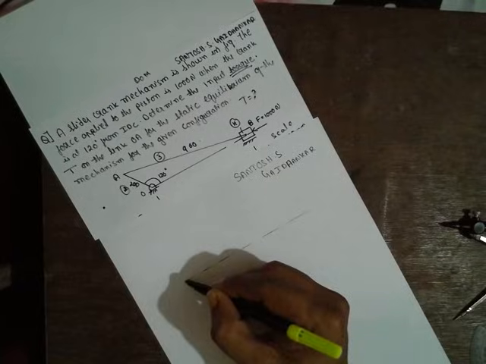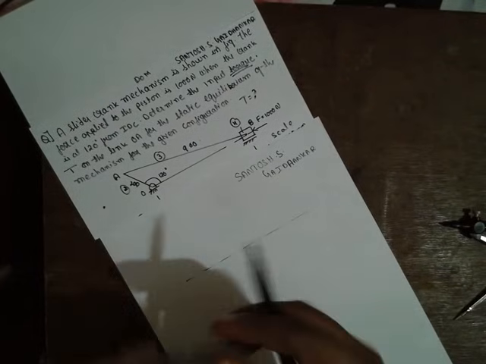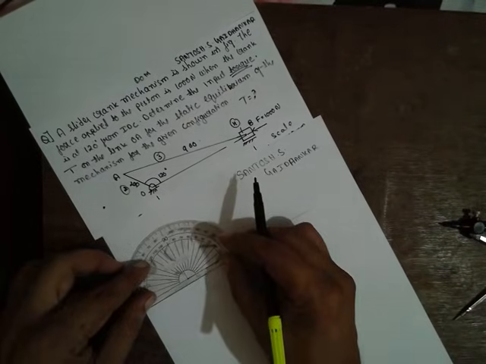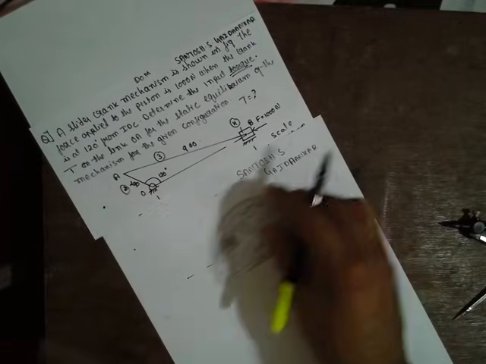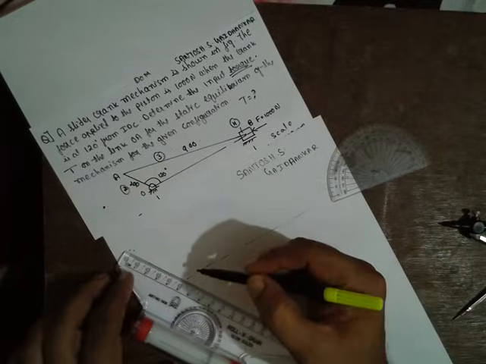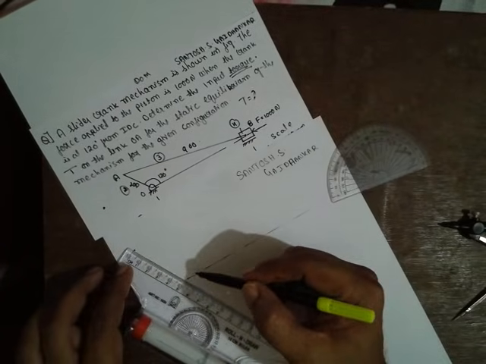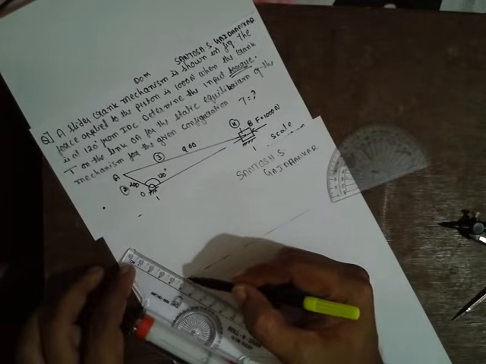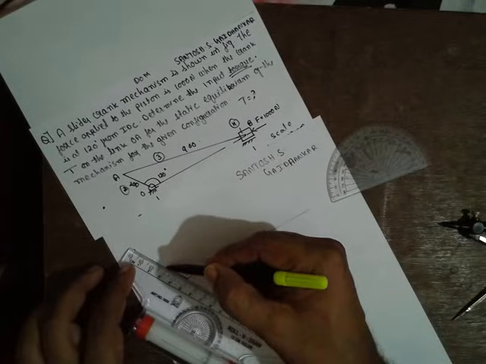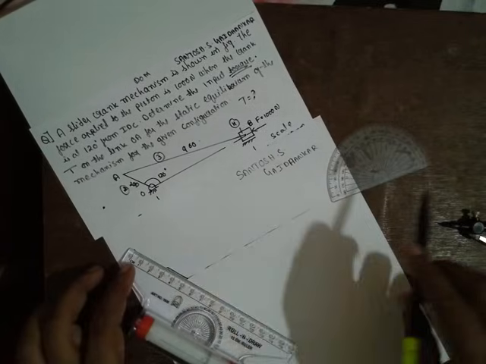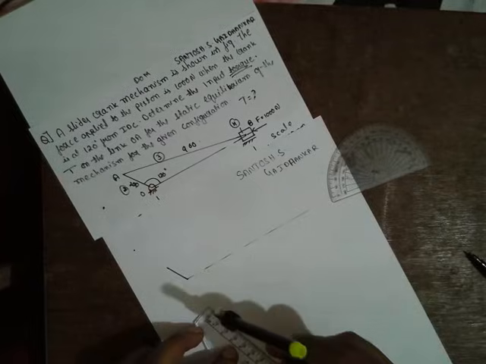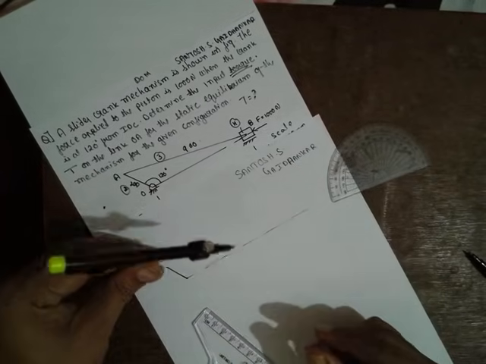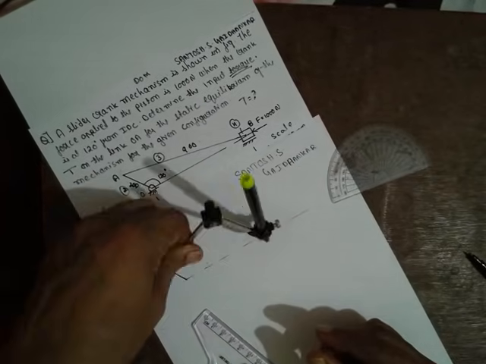I've considered this is a point. 120 degrees is the angle of the crank, they have given it, and 200 mm is the crank length. Next, 900 mm is the connecting rod. Cut it out.